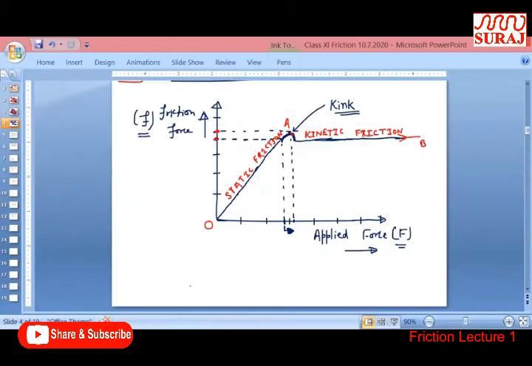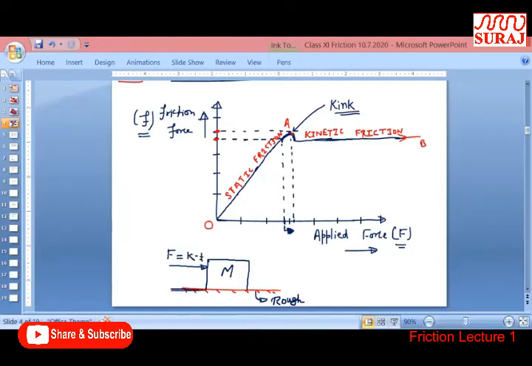So what happened? I will try to explain once more using the block which we saw on the first slide. We have considered a block placed on a rough surface, and applying a force which varies with time.